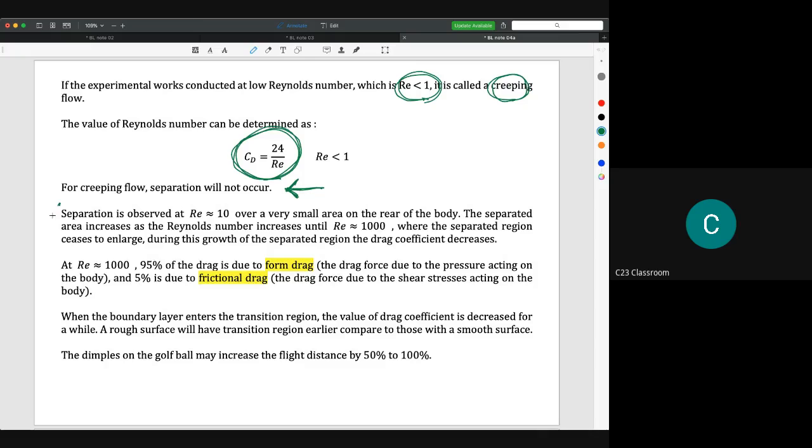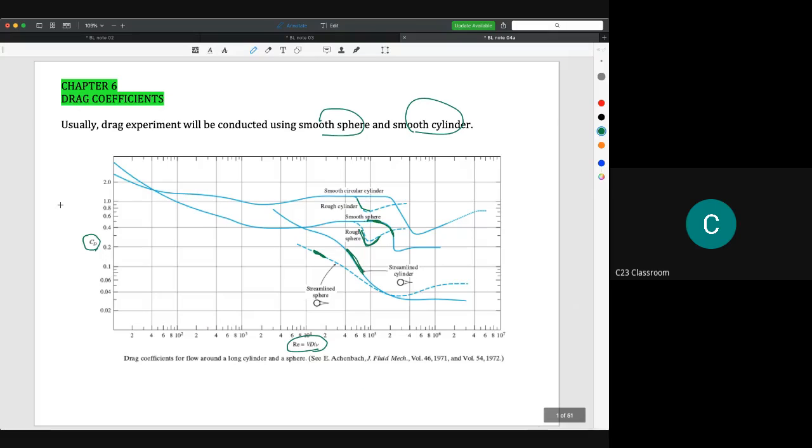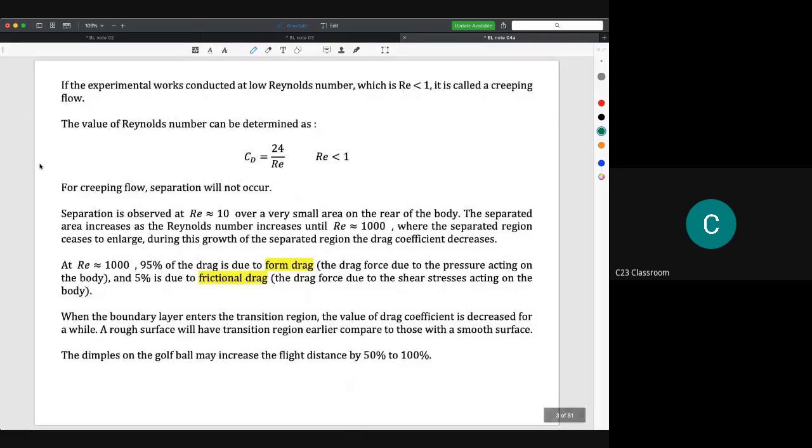So this is the explanation of the above-mentioned graph. Separation is observed at a Reynolds number of more than 10, over a very small area on the rear of the body. The separated area increases as the Reynolds number increases, until the Reynolds number is equal to 1000, where the separated region ceases to enlarge. During the growth of the separated region, the drag coefficient decreases.